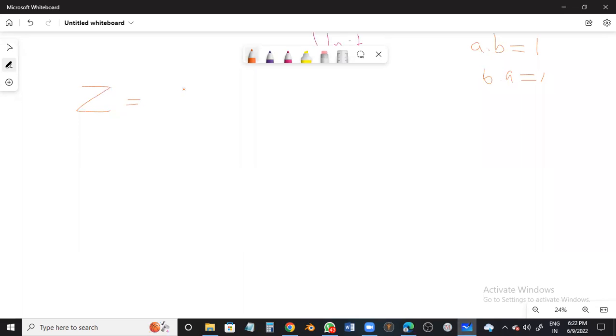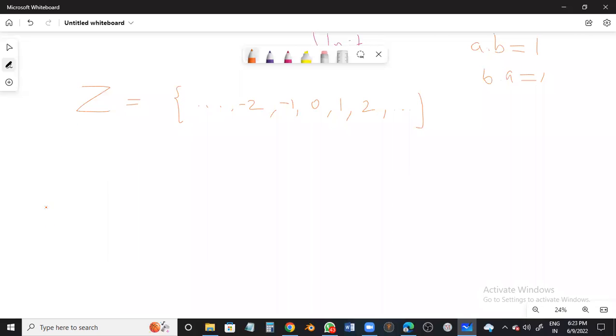What are the elements in Z? As you know, it is unending to both sides. So let us say dot dot dot, -2, -1, 0, 1, 2, and so on. So this is an infinite set, infinite to both sides.